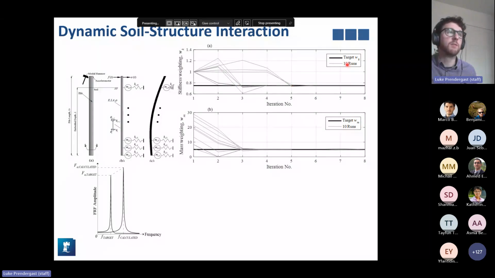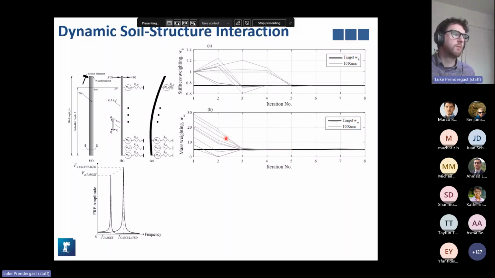This is an example of 10 separate runs. Similarly, this graph is for the mass weighting. So what we did was we took the pile weight, multiplied it by 5, and distributed it amongst the springs. And the model starts off with some random estimate of the mass between 0 and 30 times the pile mass. And eventually over 2 to 3, 4, 5 iterations, etc., everything converges on the target value.